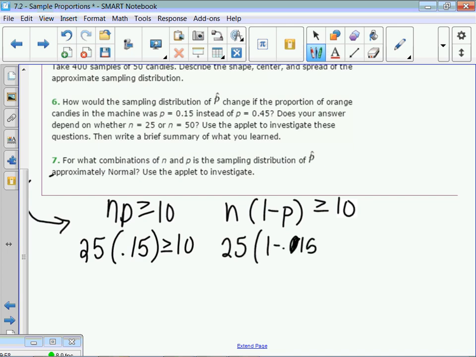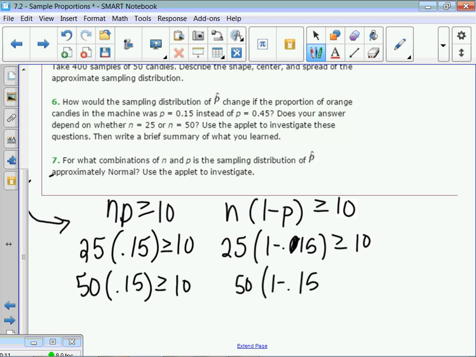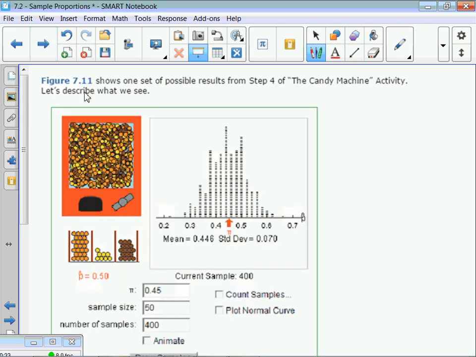Okay, so 25 times 0.75 and see if we get greater than or equal to 10. So when you increase it to 50, your chances are better of being greater than or equal to 10. And when we had 0.45, that helped as well, right? So you always have to check that in order to know if you have a normal curve instead of just a bunch of dots that could be skewed. Okay?